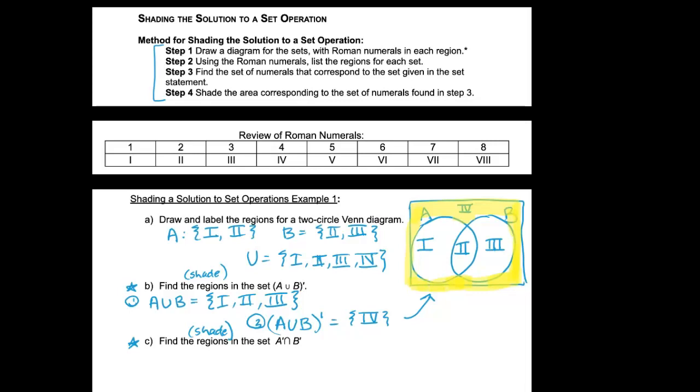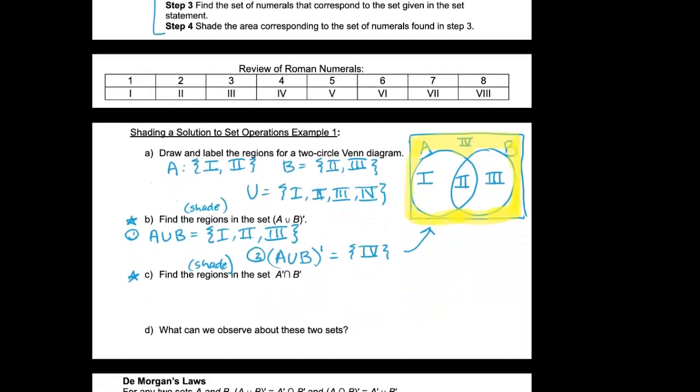Then for C, we're going to approach it a similar way. It's just a different problem. There are no parentheses here, so we don't have to worry about that. But since there are complements on A and B, we're going to do those first. Step 1 is to find A complement.